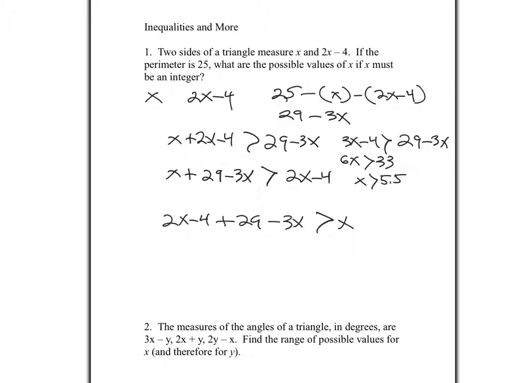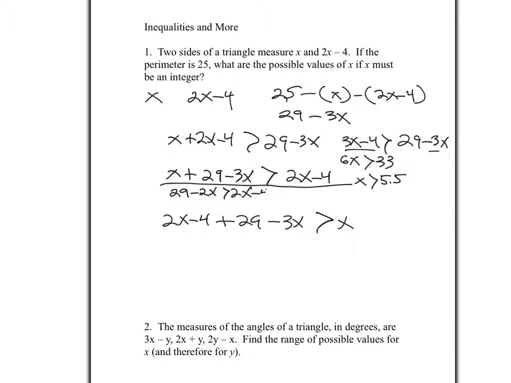So what we did was we added 3x to both sides and we added 4 to both sides to end up with 6x greater than 33, and then we divided both sides by 6 to get x is greater than 5.5.